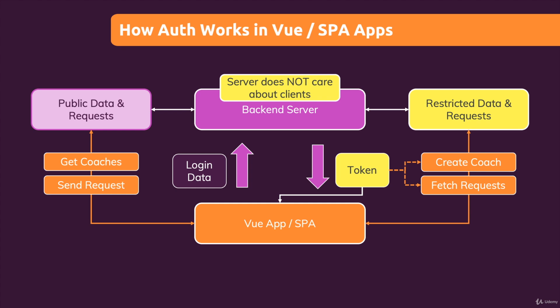If the token is invalid or missing, access is denied. That's how authentication works in single-page applications talking to an API, and that's exactly the setup we have here, and exactly the setup you will have in most Vue applications you're going to build. Therefore, this is the scenario we'll have a look at in this module.